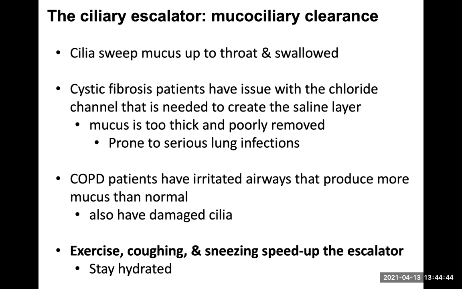It's hard for them to get rid of it, and there's less space for the air to flow through, so it's harder for them to breathe. It's also harder for them to clear their mucus. The ciliary escalator is not going to be working as well. It's working overtime to try to clear all this extra mucus. And so they have a lot of difficulties on more than one physiological level, right?